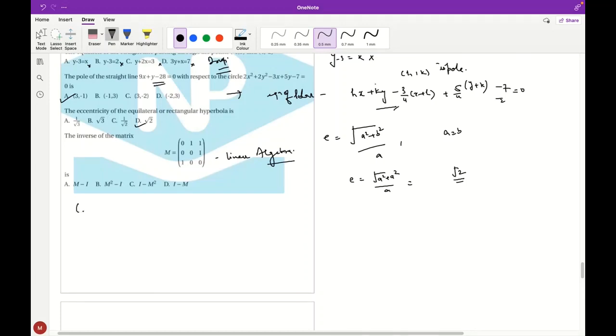You have heard about the Cayley-Hamilton theorem. The theorem states that if f(x) is a characteristic polynomial, then f(M) equals 0.